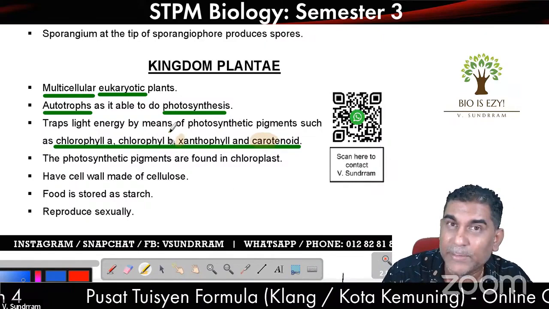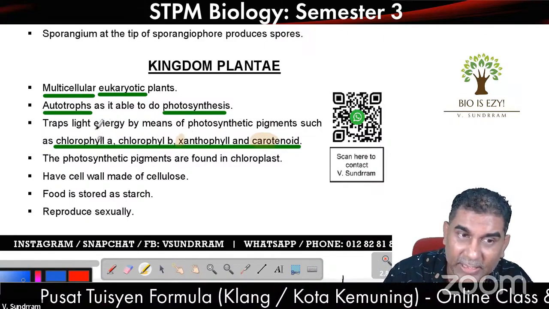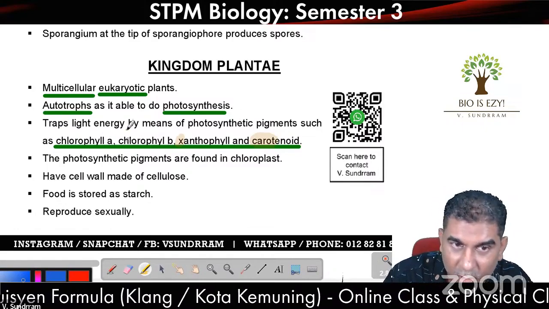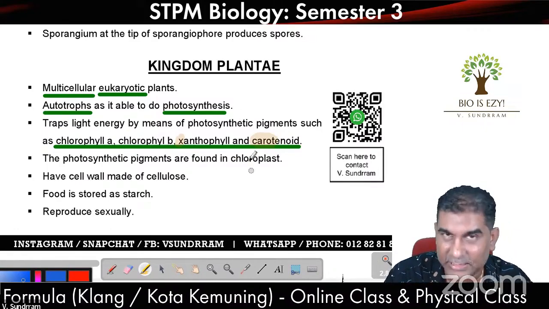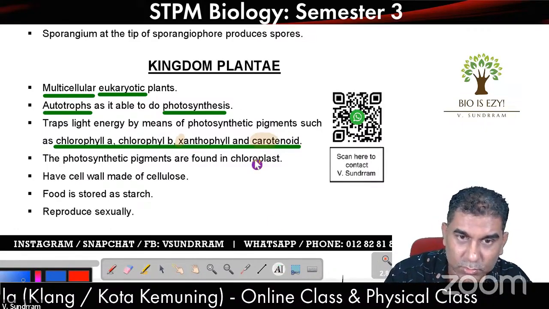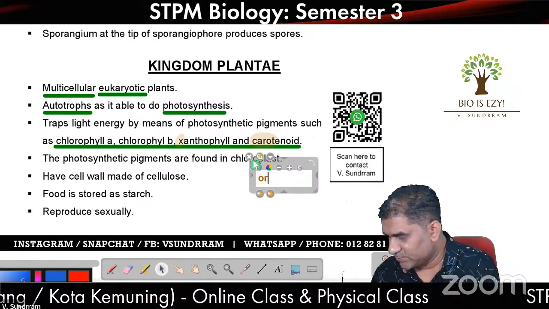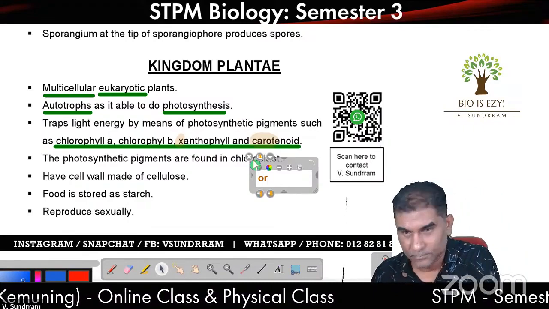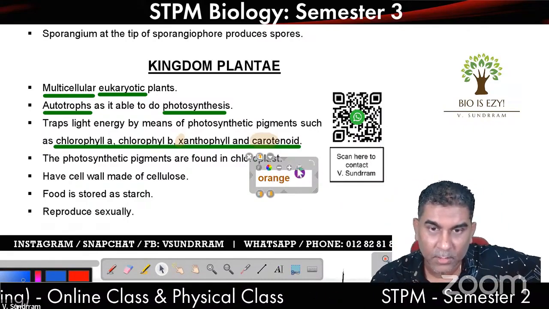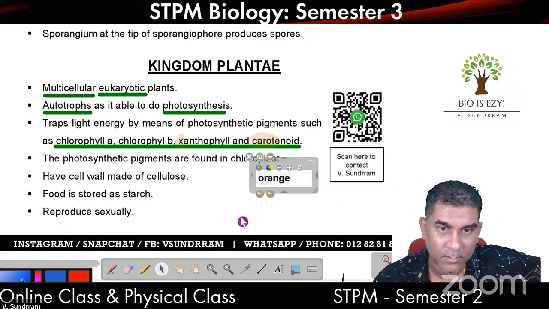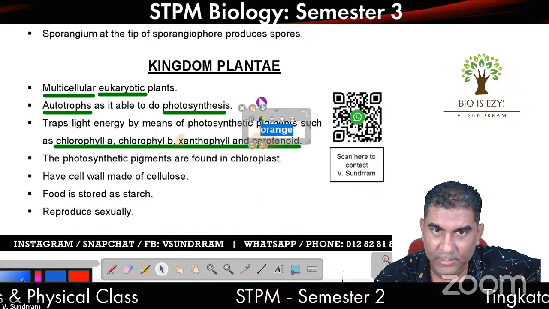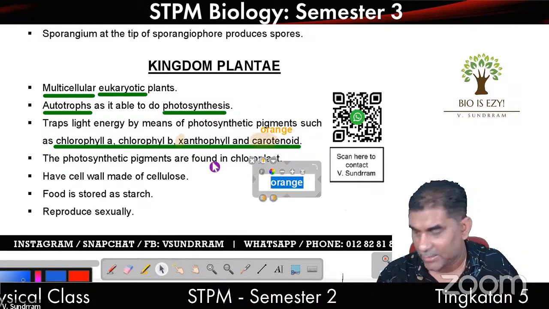Chlorophyll A is bluish green. Chlorophyll B is green. Carotenoid is orange. Xanthophyll is yellow.